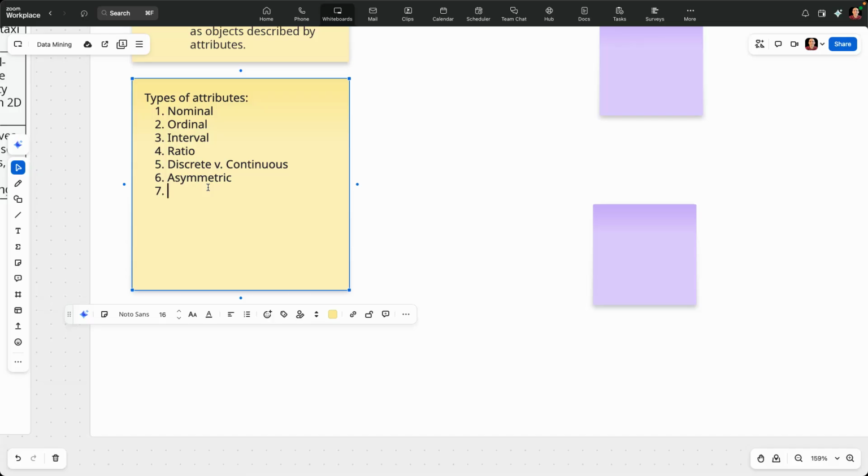Nominal is like categories, like eye color, zip code, etc. Ordinal is where order matters, so rankings.